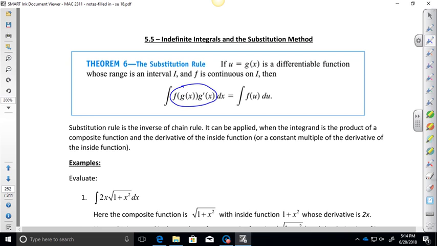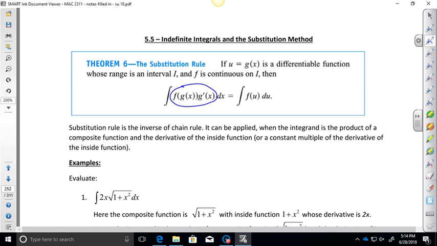That is integration by substitution. This is called integration by substitution. You take u as the inside function of the composite function.